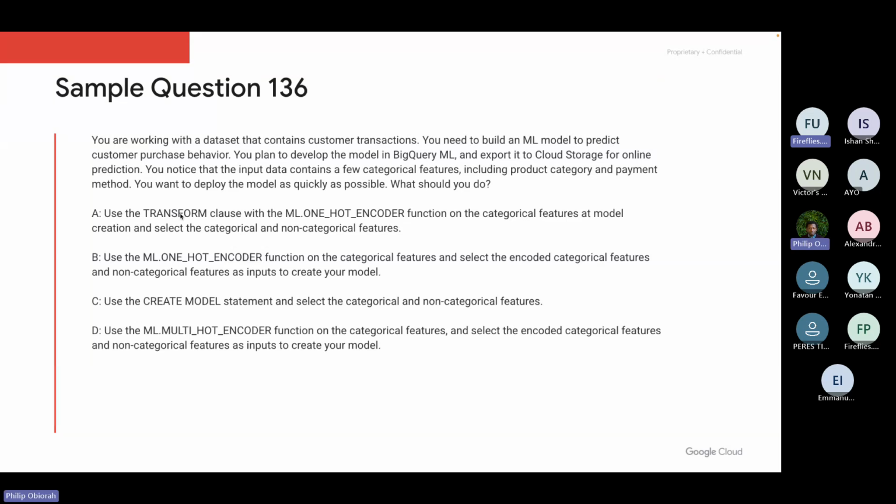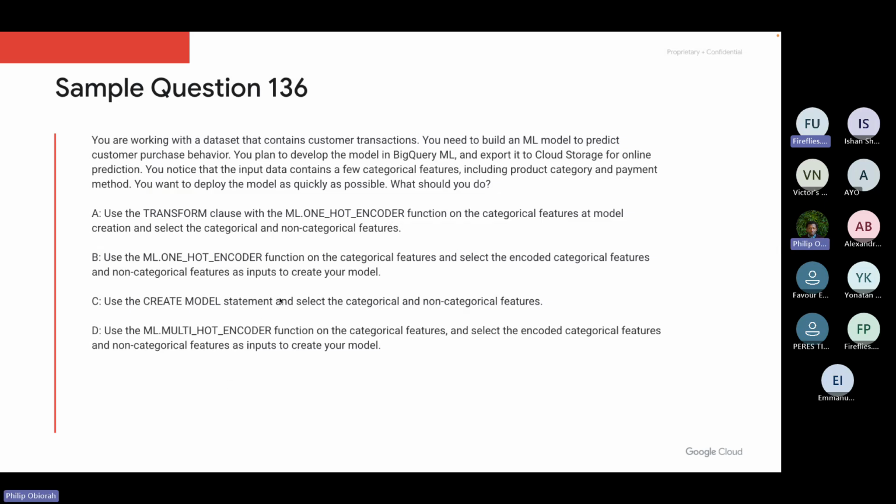So when you export the model to Cloud Storage and deploy it, the endpoint will accept raw input strings, such as credit card information. Remember, we want to process customer transactions. The model handles the encoding internally before making predictions.